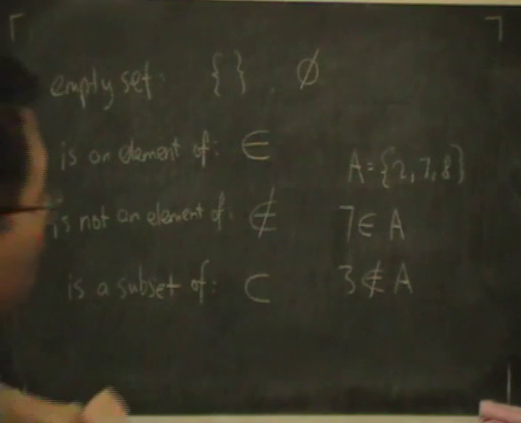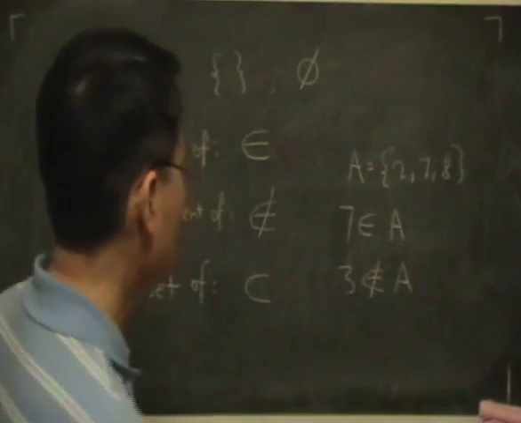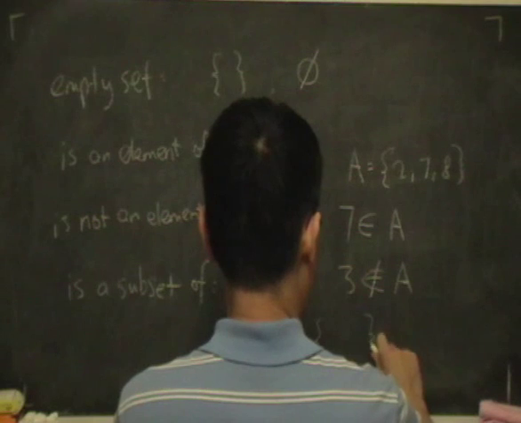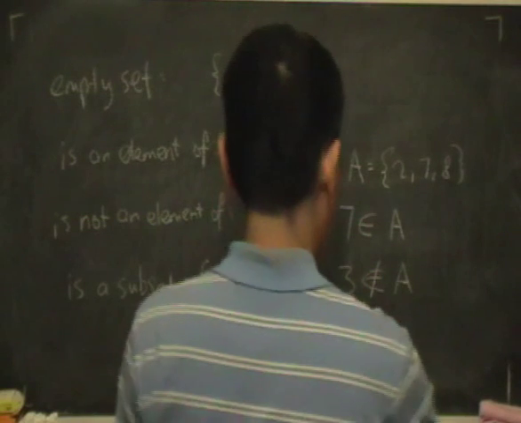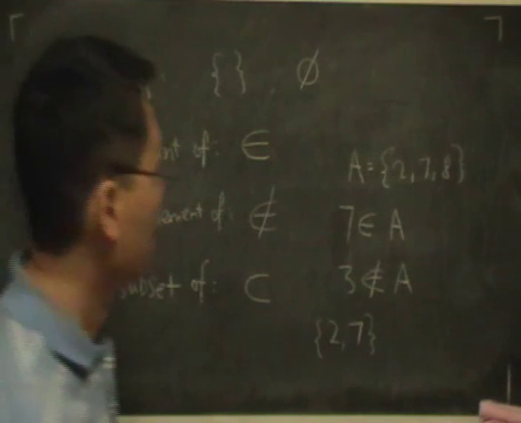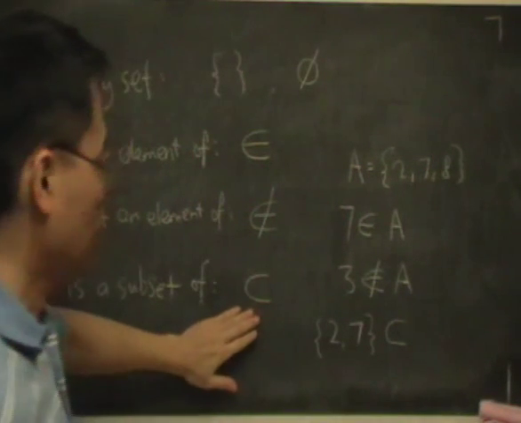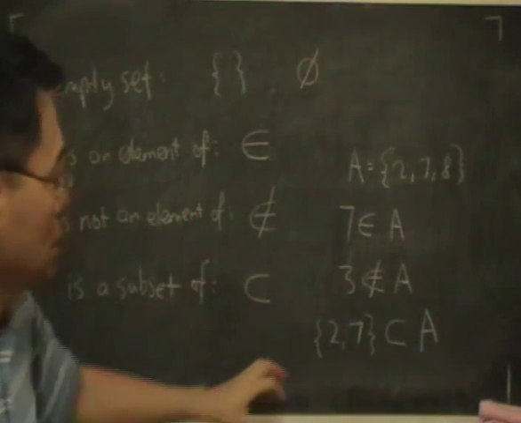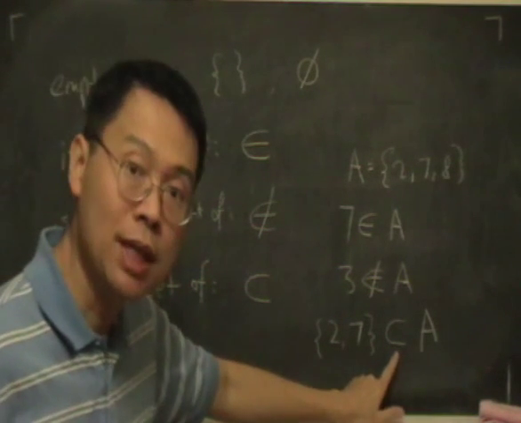So for example, if I look at that example again, A has the elements 2, 7 and 8. Now if I imagine making up a smaller set using, say, 2 and 7. 2 and 7 both belong to A, but it's a smaller set, so I can use this symbol here, and write A next to it. And what this means is that this set containing 2 and 7 is a subset of A.